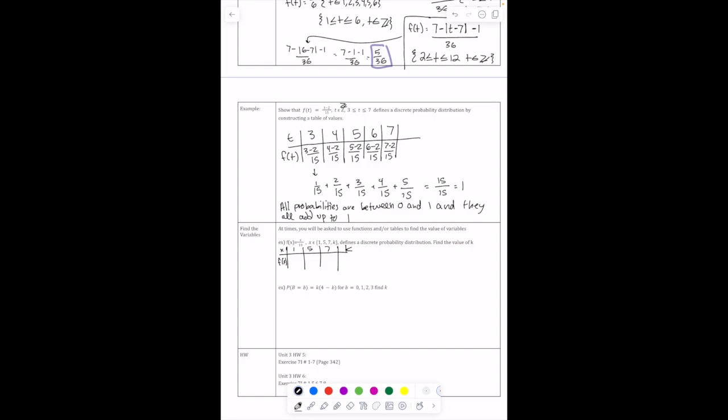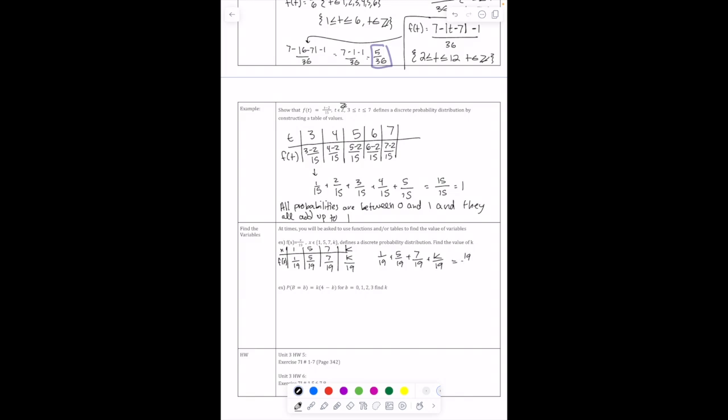So our outputs here would be 1 out of 19, 5 out of 19, 7 out of 19, and k out of 19. In order for this to be a probability distribution function, these all need to add up to 1. So we have 1 over 19 plus 5 over 19 plus 7 over 19 plus k over 19 has to equal 1.